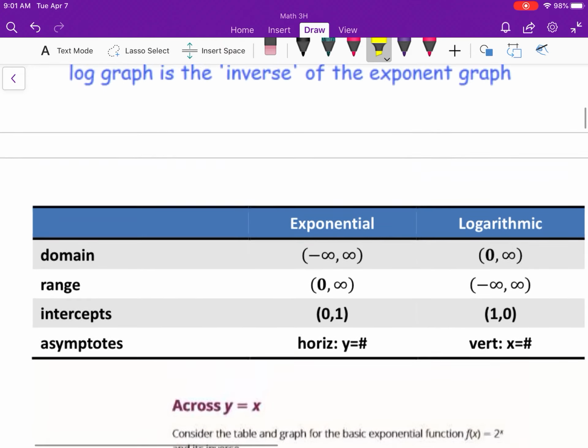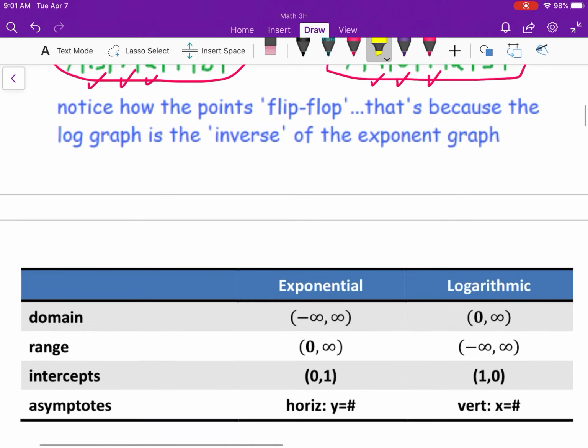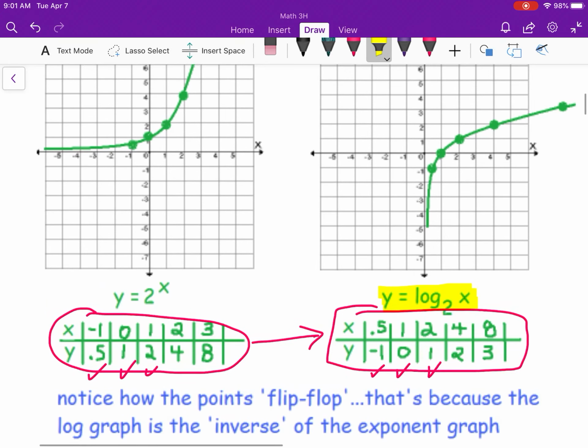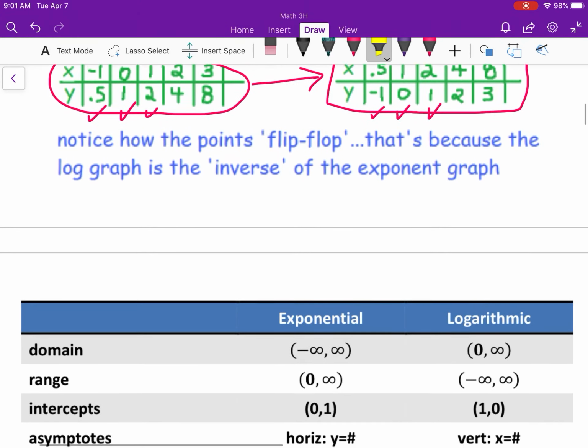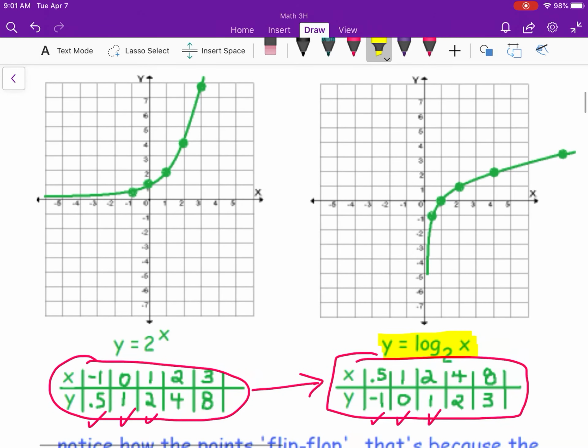And then I also gave you a quick little table on what the domain and range were of the logarithm and the exponent. Okay, you see the exponential, we have our domain negative infinity to infinity, but with the logarithm, we have 0 to infinity. Okay, this is a little bit different than what you're used to.